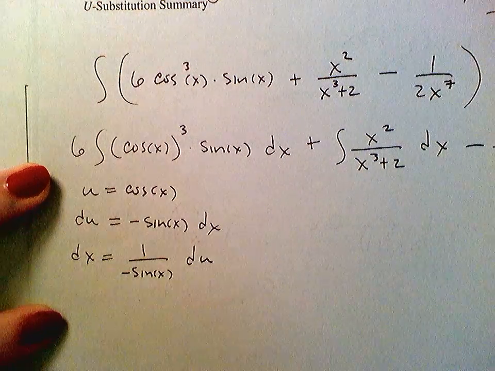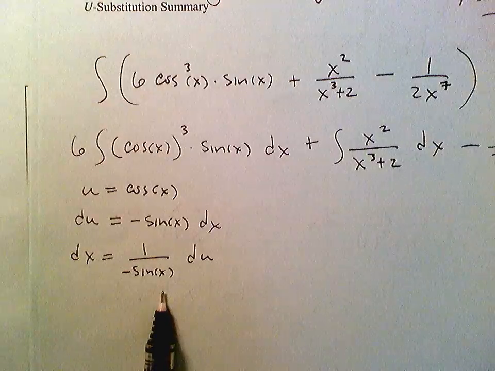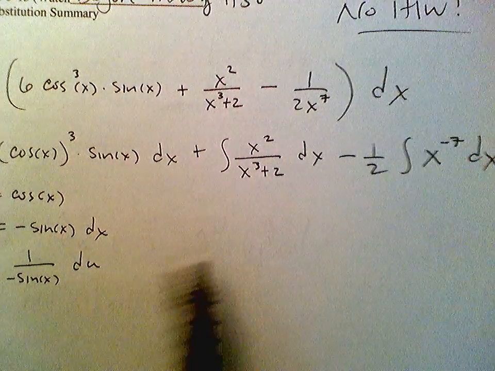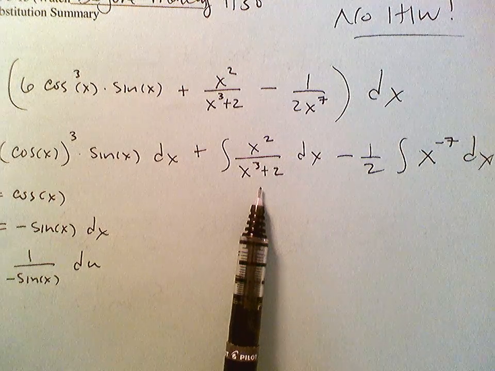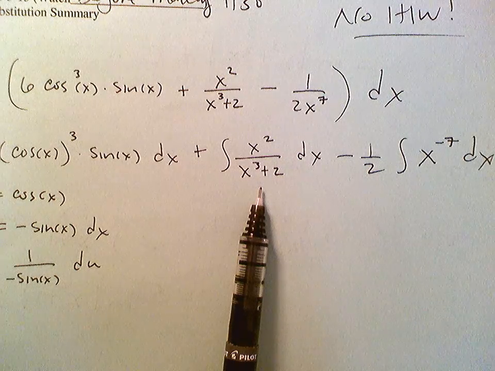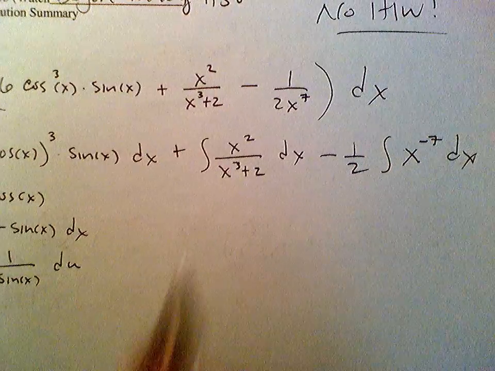Now I'm going to move along, but I'm all ready to do substitution for this first one. Now this next one: when you're taking the antiderivative of a quotient, you ask yourself, is this of the form f prime of x over f of x?